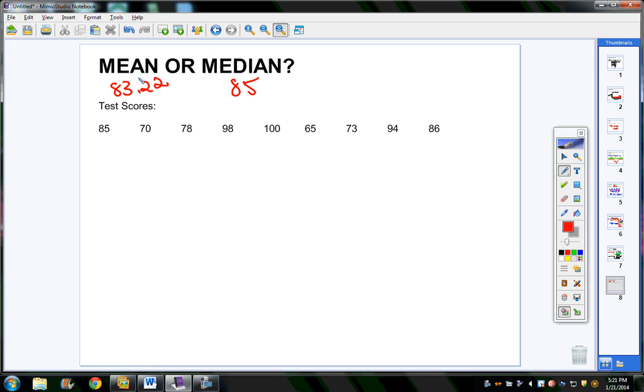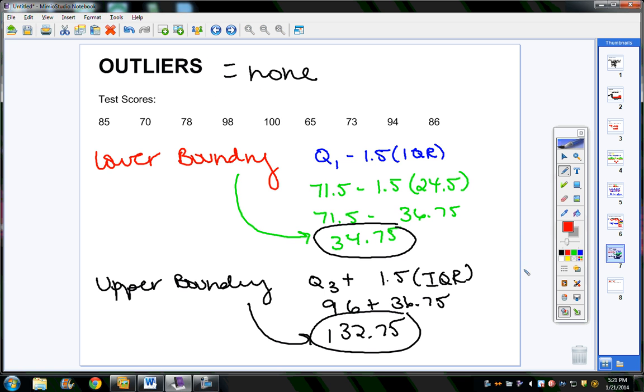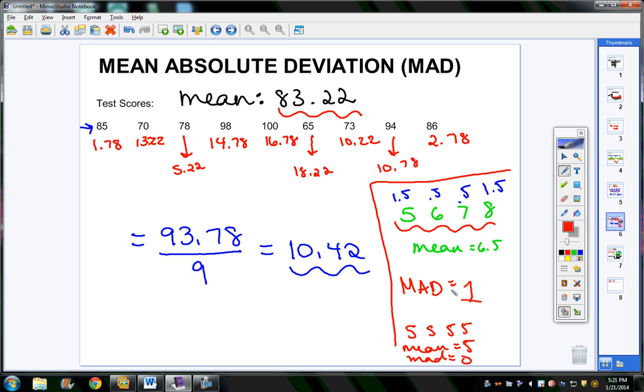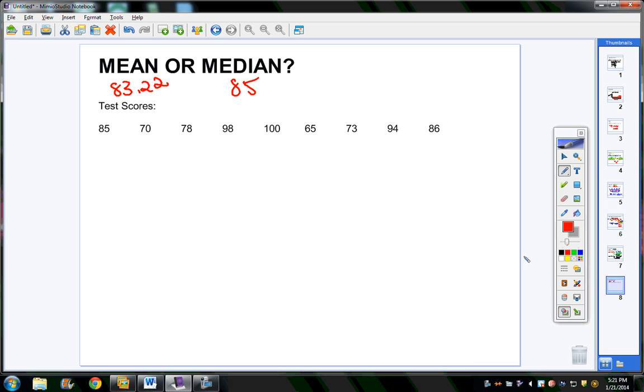If the MAD is small, such as with this example here, then the mean would be a better descriptor of the data set. So that's where that comes into play. For this particular example, even though it doesn't vary by much, we would probably say that the median is a better measure of this data set.